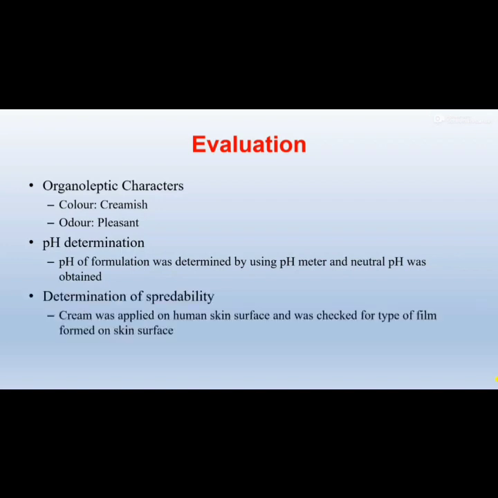Spreadability determination. The cream was applied on the human skin surface and was checked for the type of film formed on the skin surface. Result: 10 gram of herbal cream was prepared and evaluated.